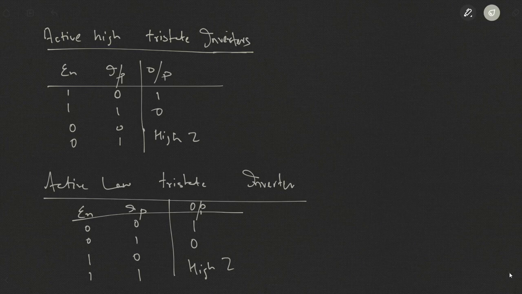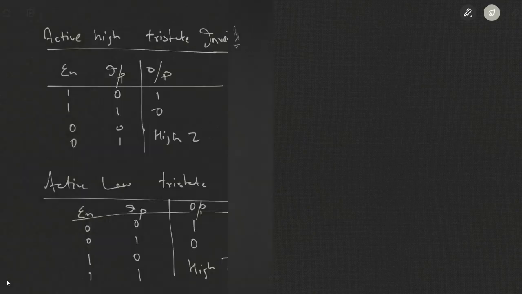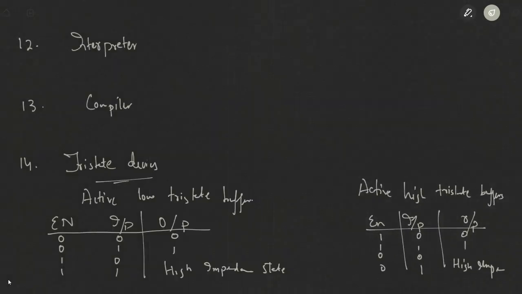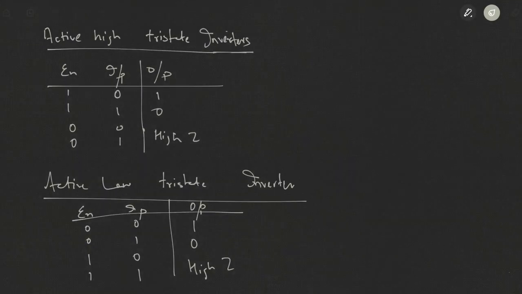Next, we'll be talking about the bus. This is serial number 15. So what does a bus mean here? It's a means of transport that we know generally speaking, but we are talking in terms of microprocessors here.